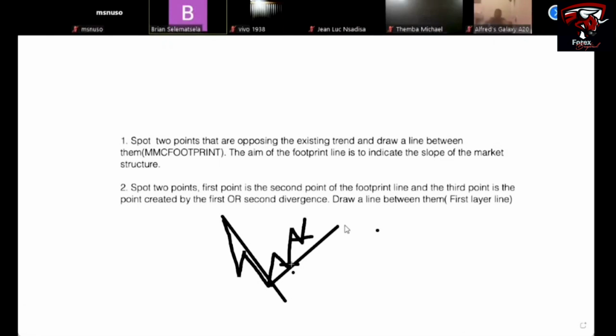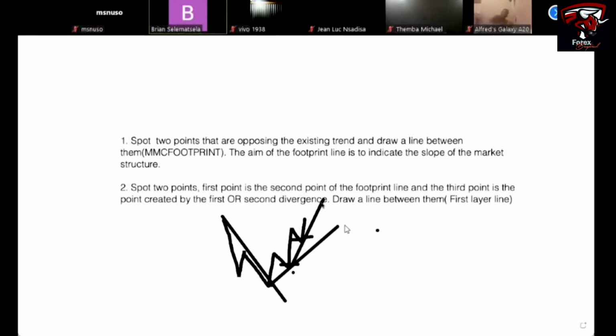Now when you connect the second point of the footprint line and where the second divergence happens, you find a very important base there. From there, you'll have to wait for the market to break this first layer.